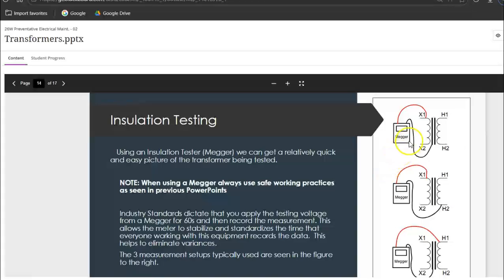How do we test? We take a megger, we go from one lead on the secondary, one lead to ground, or secondary to primary, or primary to ground. And again, the standard industry test is 60 seconds. It lets the current stabilize.